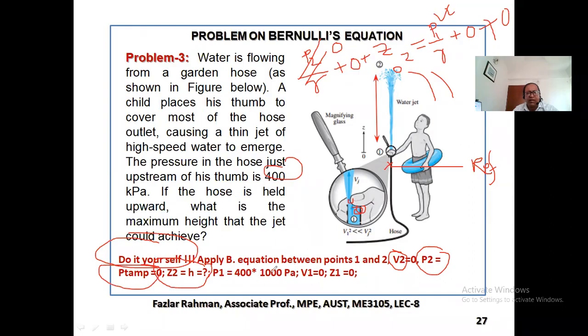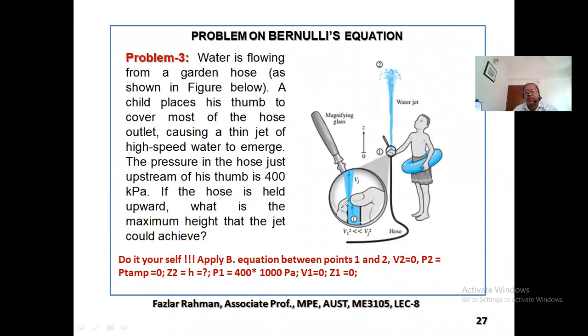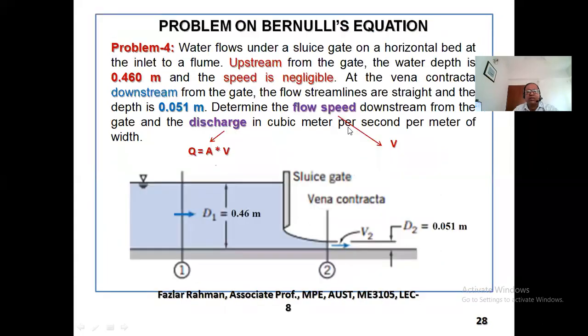Then P1 is given: 400 kilopascal multiplied by 1000, V1 is 0, Z1 is 0. Easily figure out Z2. So this is a simple example of how you can use Bernoulli's equation in real life, or to solve some real problem. Okay. Now let's see how we can solve problem 4.